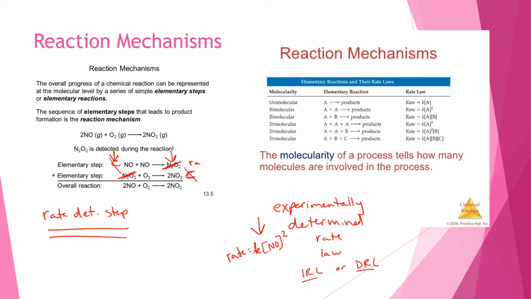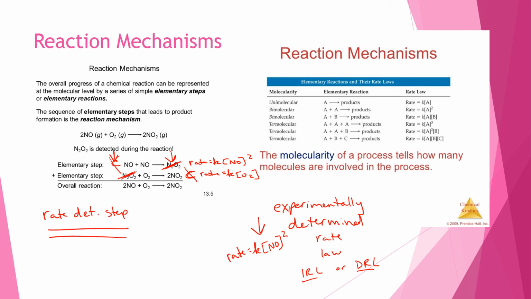So rate equals K NO to the second order first. And this one on the bottom is rate equals K O2.